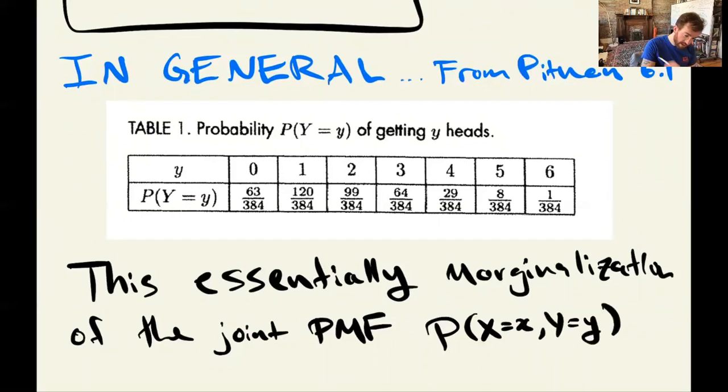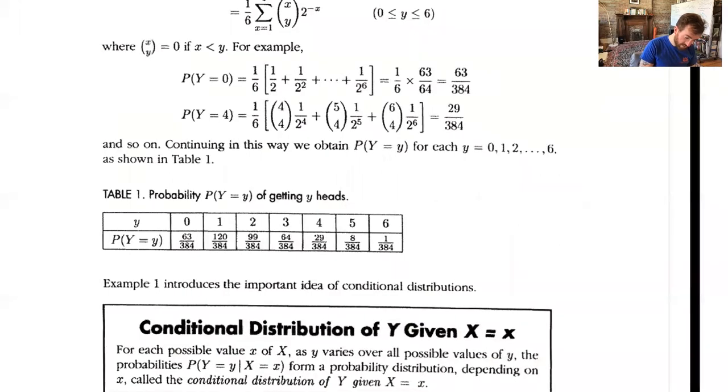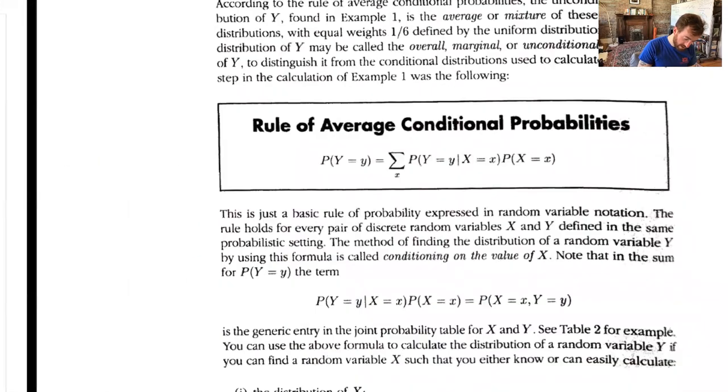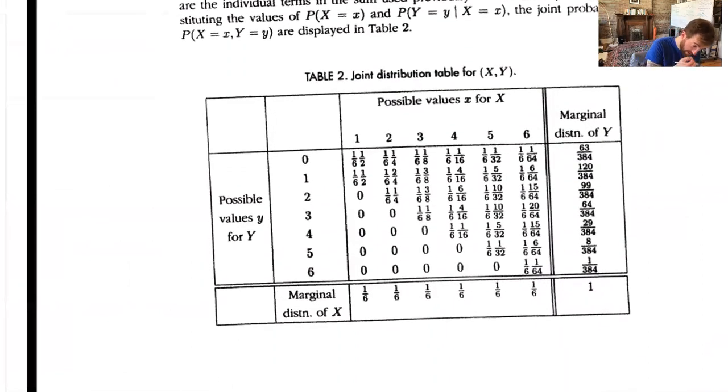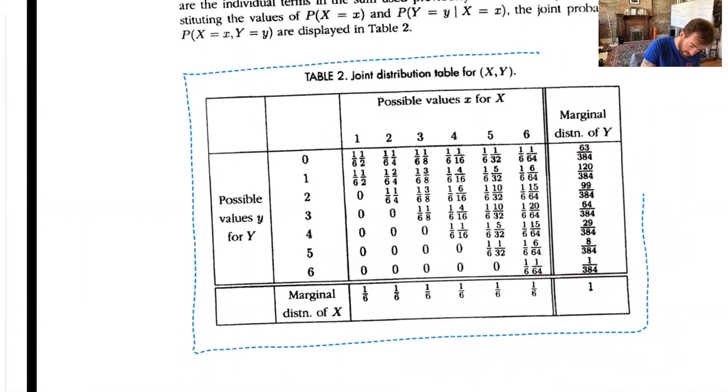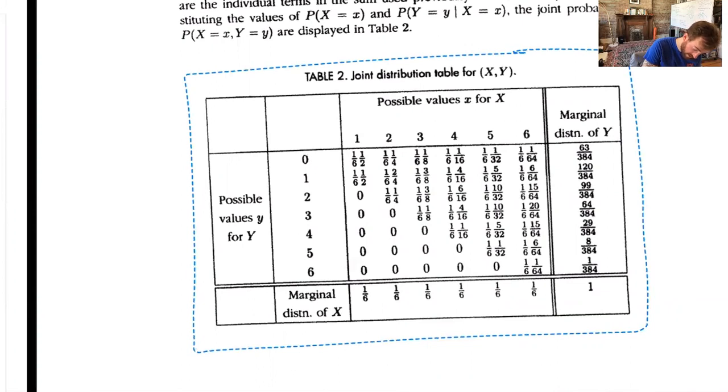Now, again, luckily, Pitman has actually worked out this joint distribution for us. And it's right here. So let me go ahead and grab this and explain how these numbers came about.